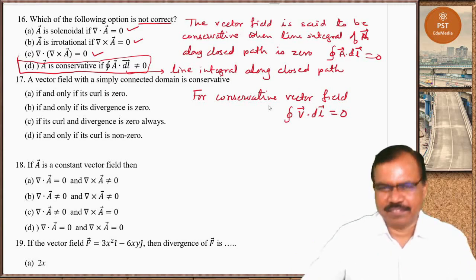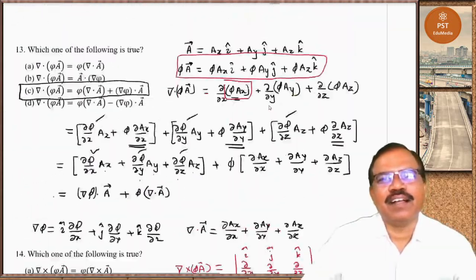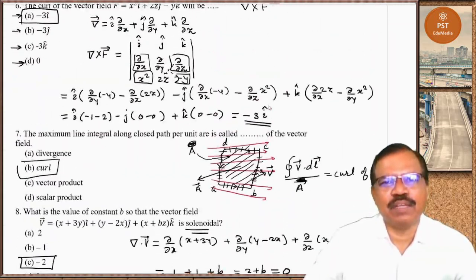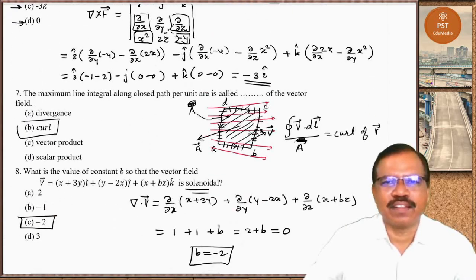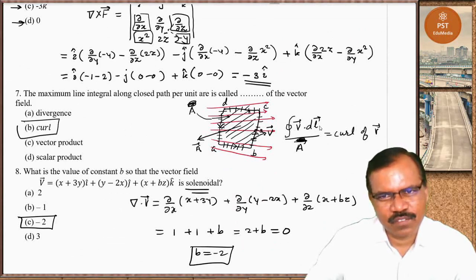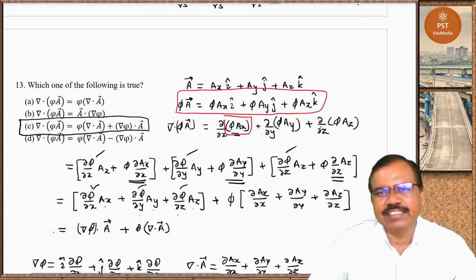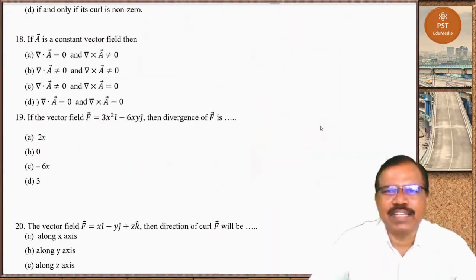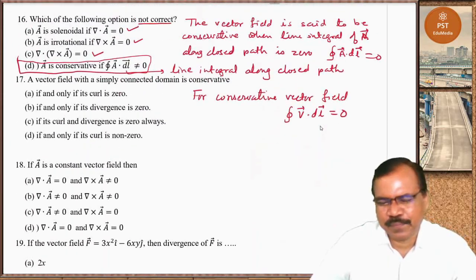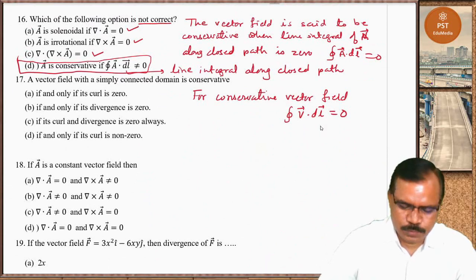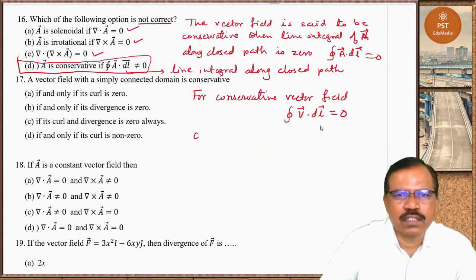And what is curl? I have discussed it in this problem. The curl of vector V is the line integral along a closed path per unit area. So if the line integral is 0, the line integral per unit area is 0. Is it okay? Yes.